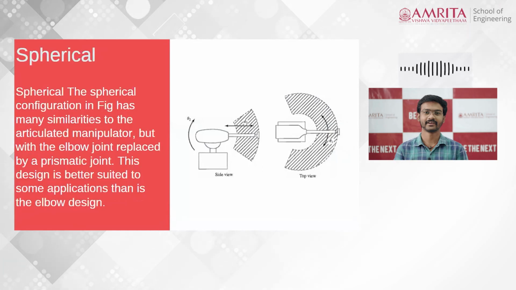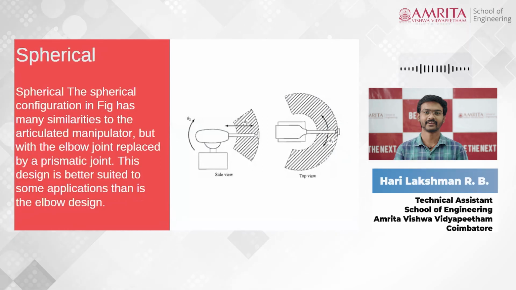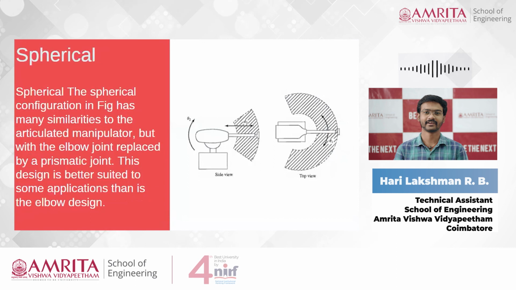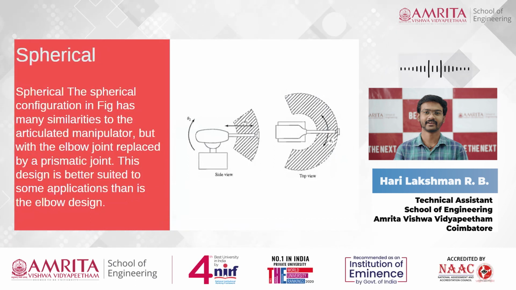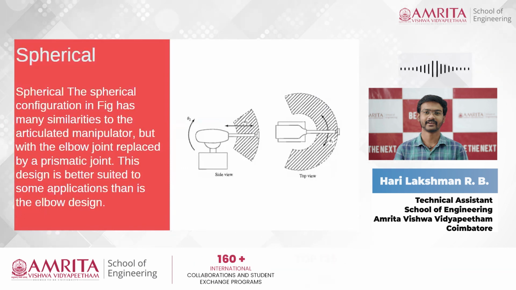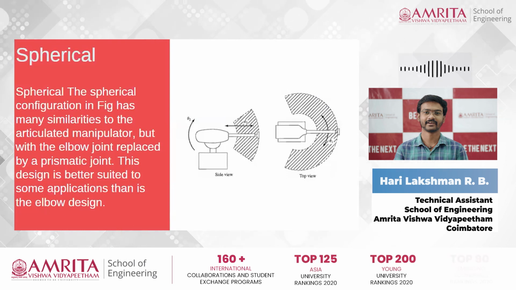The spherical configuration, which you could see in the image, has many similarities to the articulated manipulator, with the only difference being that the elbow joint is replaced by a prismatic joint. This design is better suited to some applications than an elbow design.